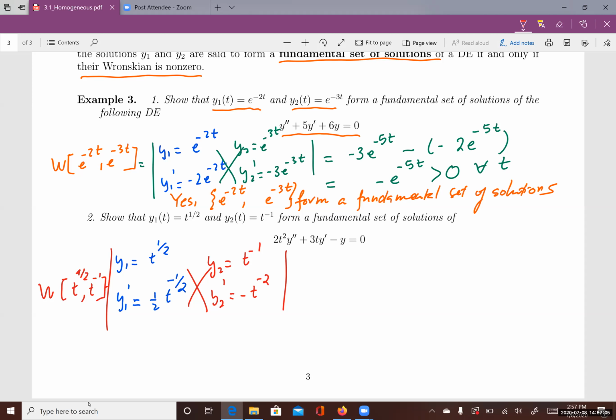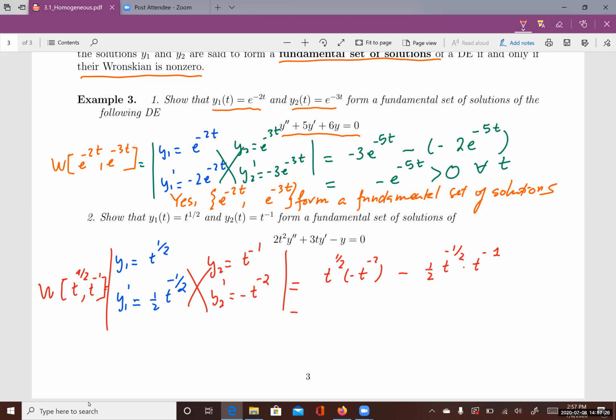So the Wronskian will be equal to t to the 1/2 times negative t to the negative 2 minus 1/2 t to the negative 1/2 times t to the negative 1.